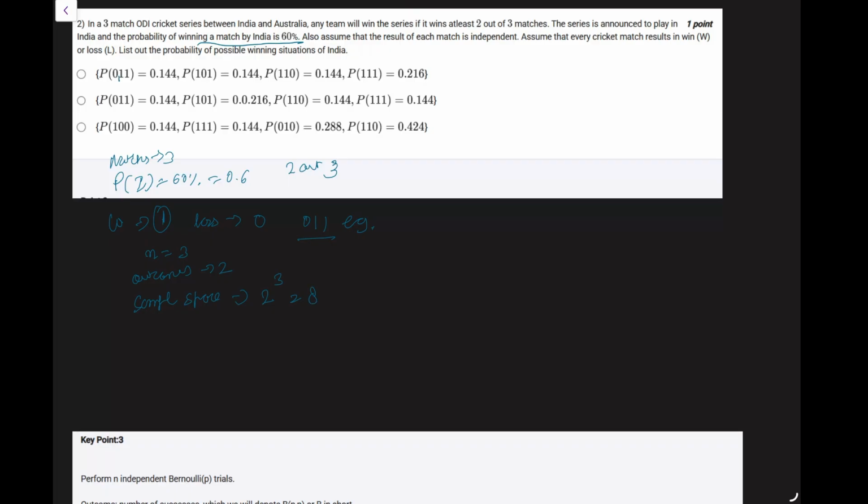If they play three matches, there are 8 possible ways the outcome can be decided. What are those scenarios? Let's list them out for your better understanding. 1-1-1 means India won all the matches. Then we have 1-1-0, which means India won the first two matches.